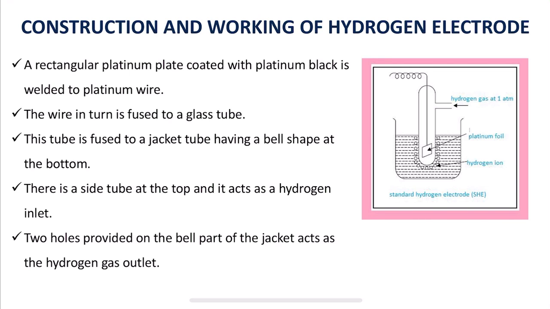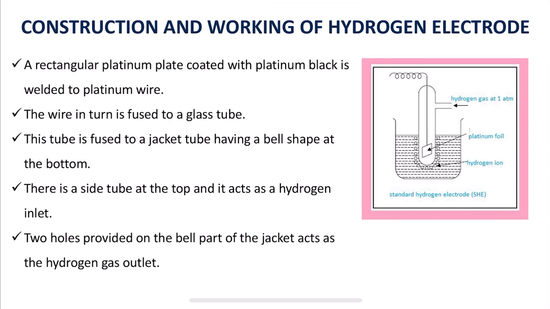Platinum is used in the standard hydrogen electrode for reasons like: platinum is a relatively inert metal which does not corrode easily. Platinum has catalytic qualities which promote the proton reduction reaction.